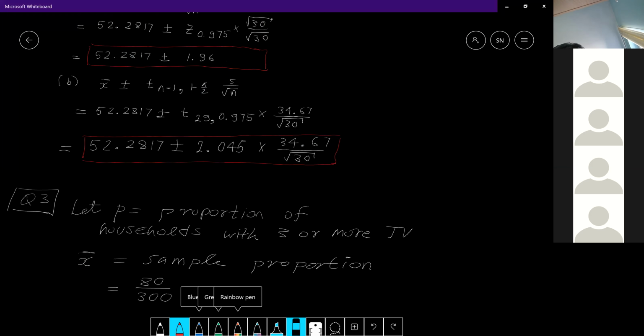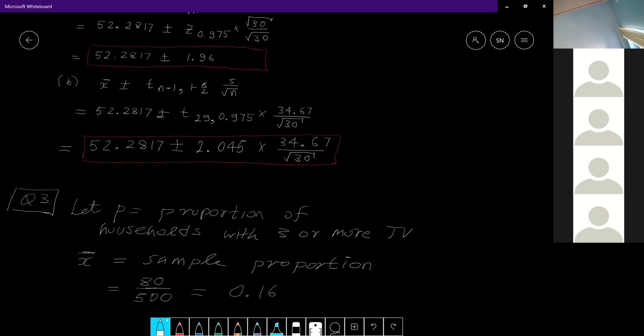Sorry, my eyesight is not good. So 80 divided by 500 is equal to 0.16.